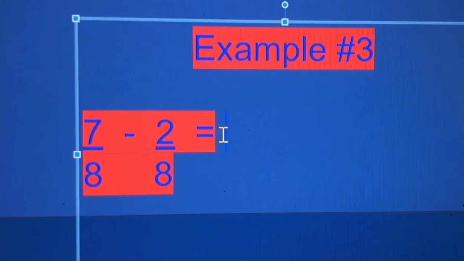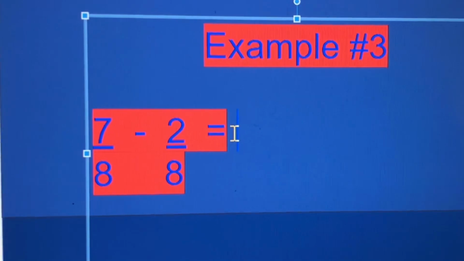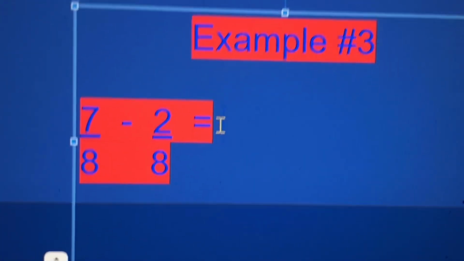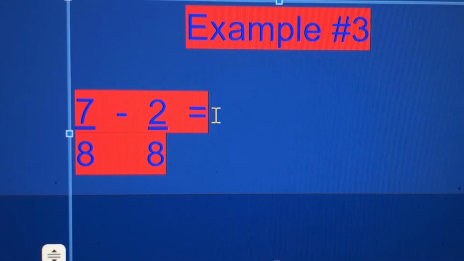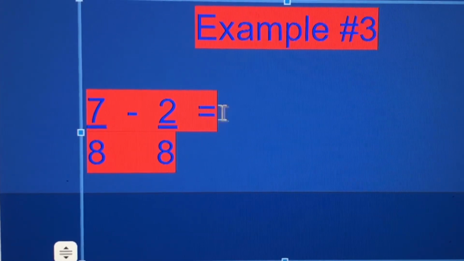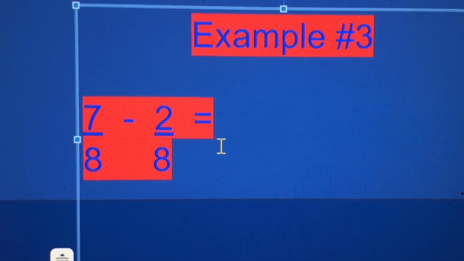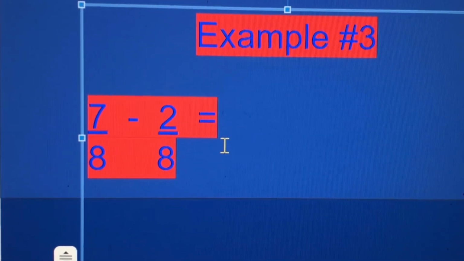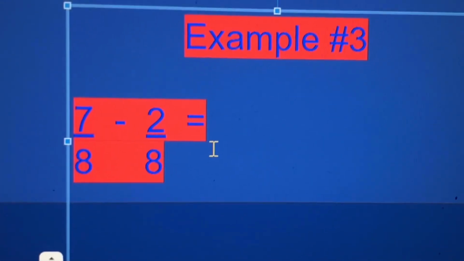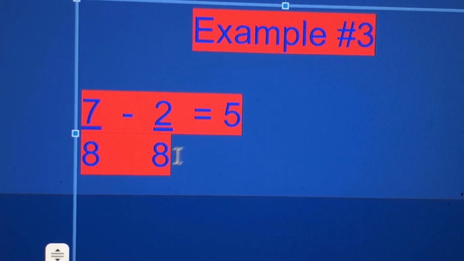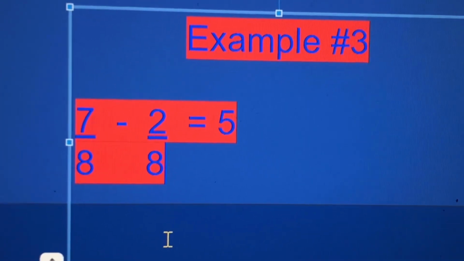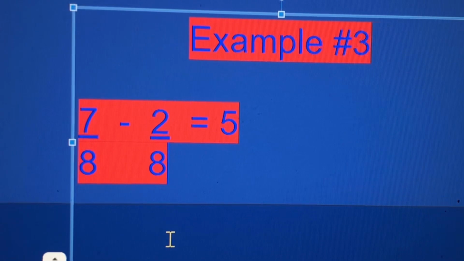All right, now I'm going to demonstrate how to subtract fractions. All the steps are the same. The only difference is we are now subtracting instead of adding. So 7 minus 2, we're going to do 7 take away 2 just as if we were subtracting a one-digit number. 7 minus 2 equals 5. And the denominator always stays the same.